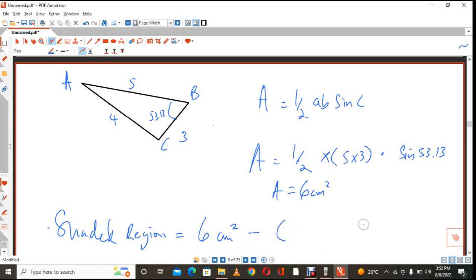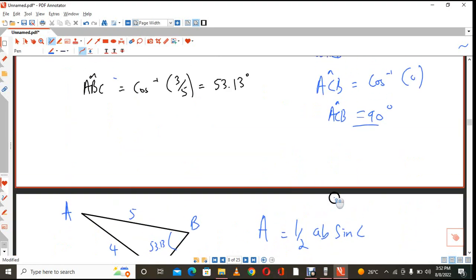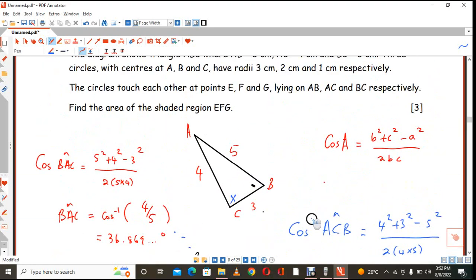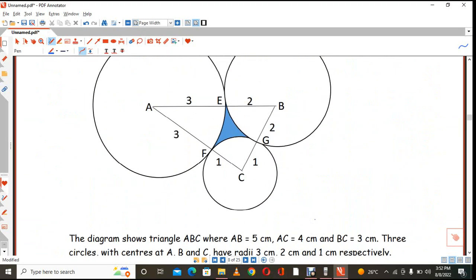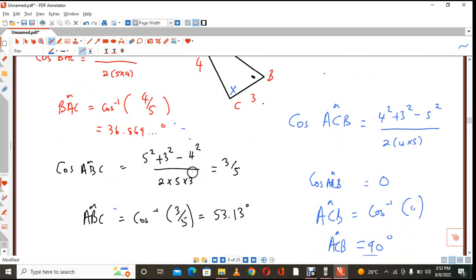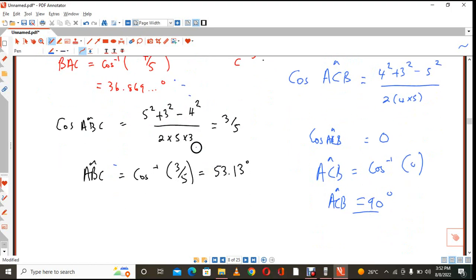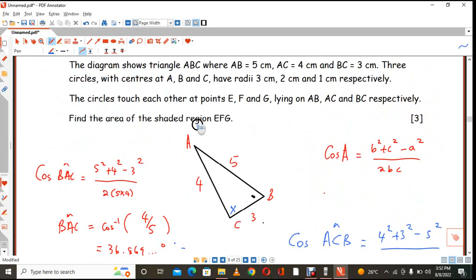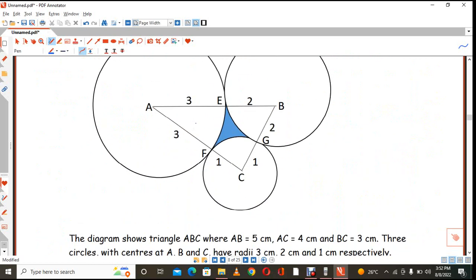Now we're going to take all the other ones that we have, but we don't really have the area yet of the other ones. We know what angle A is. Angle ABC is 53.13.